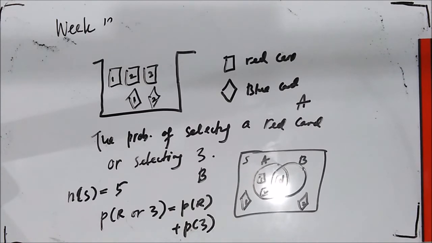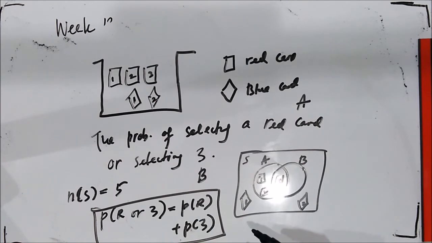Red or 3 is P(R) plus P(3). This is a case of the mutually exclusive.